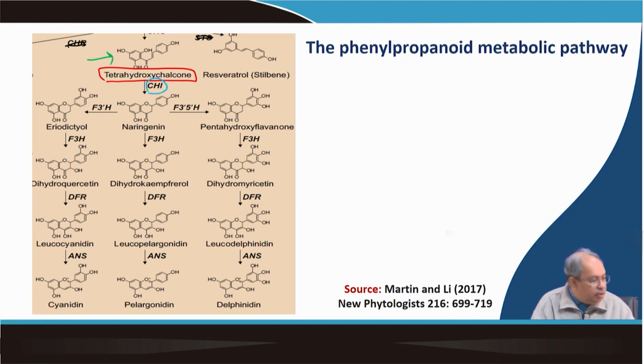Naringenin is basically coming under flavanone. So, naringenin can be converted into eriodictyol, and the pathway may utilize it in producing dihydroquercetin, whereas dihydroquercetin can also be produced from dihydrokaempferol directly through this route as well.